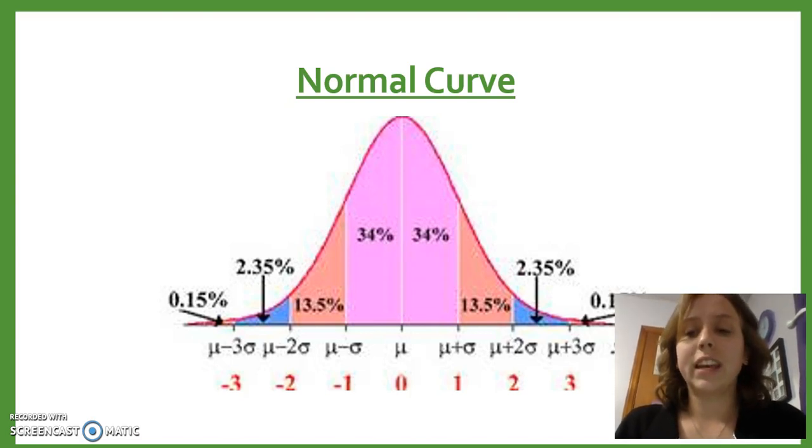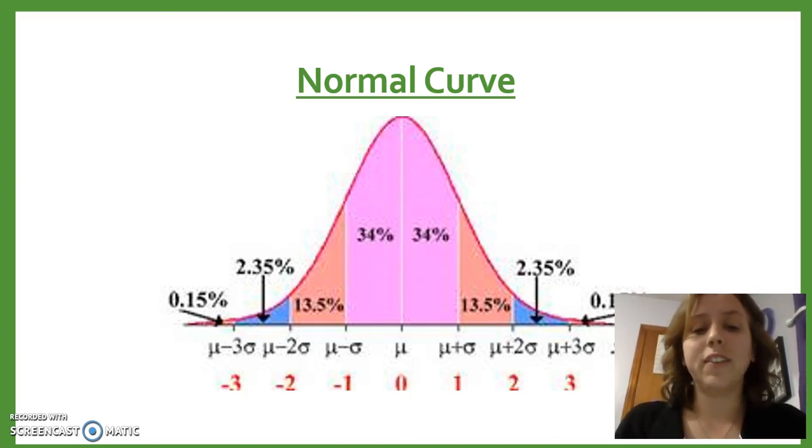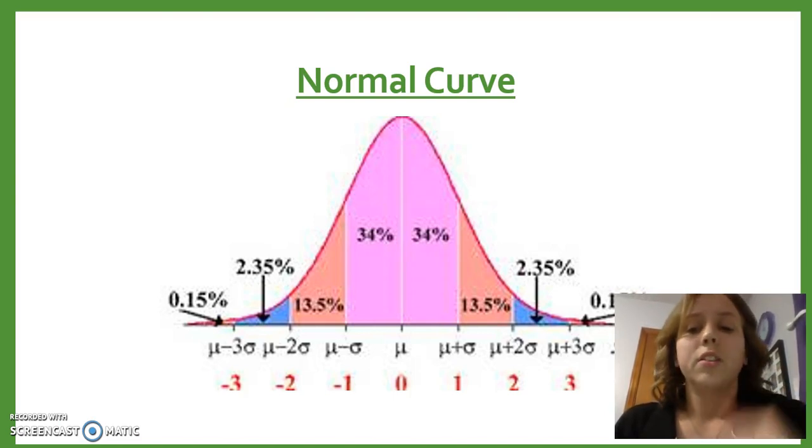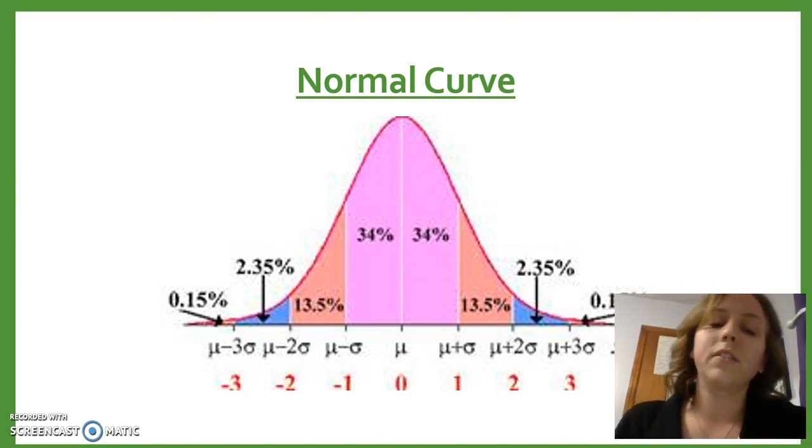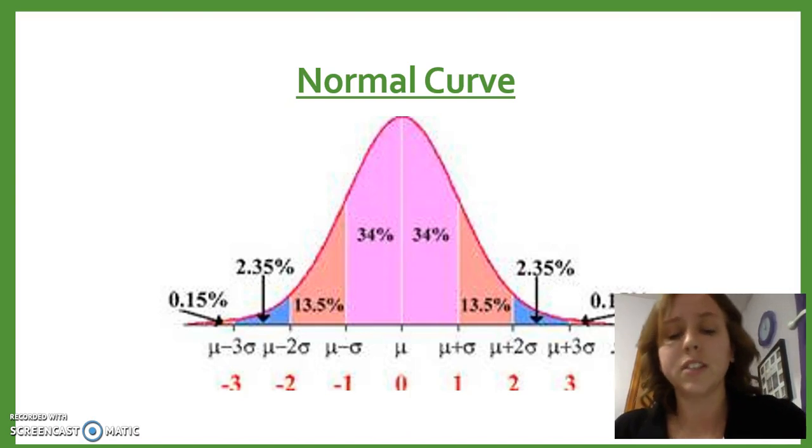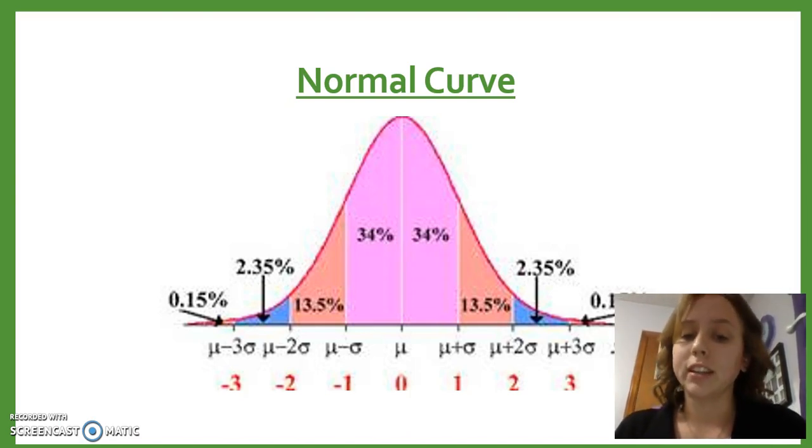You'll often get a question on the Praxis that asks, if it's one standard deviation to the left of your median or average, the middle, then what percentage is it? It's going to be 34%. They can ask you if it is a standard deviation to the left or to the right, and together that would be 68%.